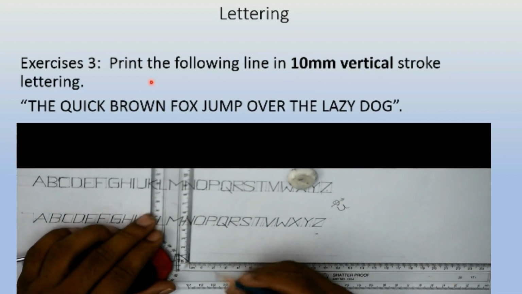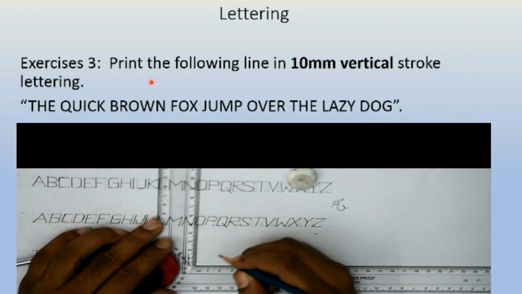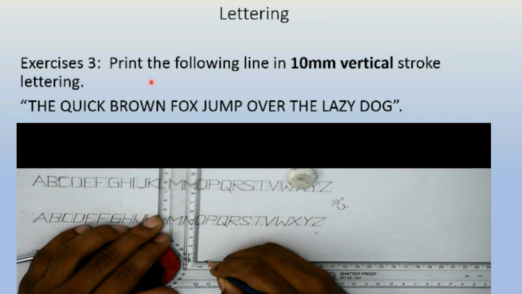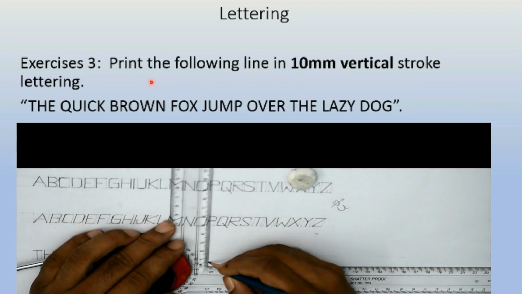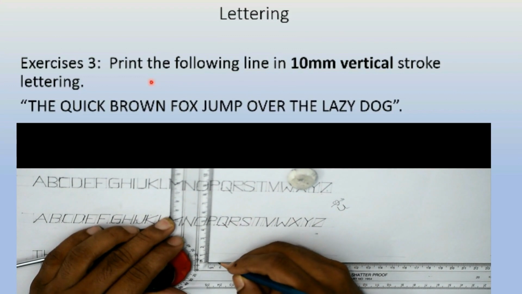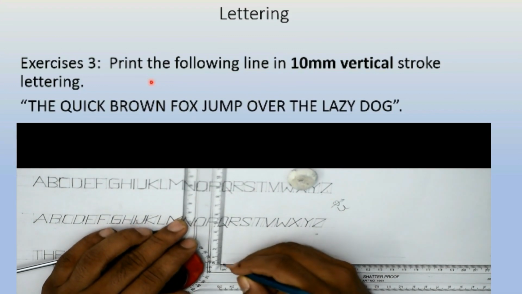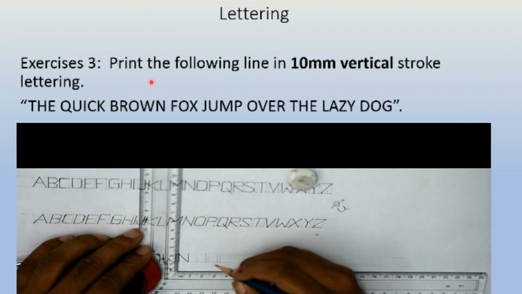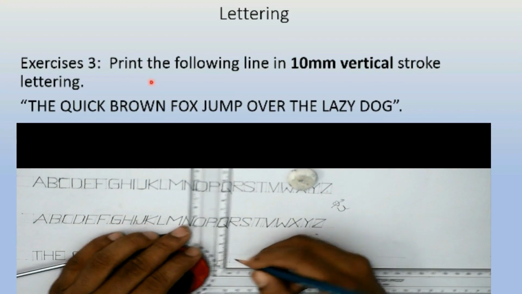The word is different, so I am taking a gap of 6 mm here again, and I will start writing fox from here. So this is 7 mm width, 2 mm gap, 7 mm width, 2 mm gap, F, O, and 7 mm width.